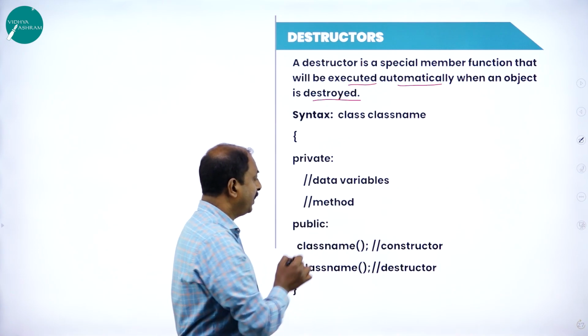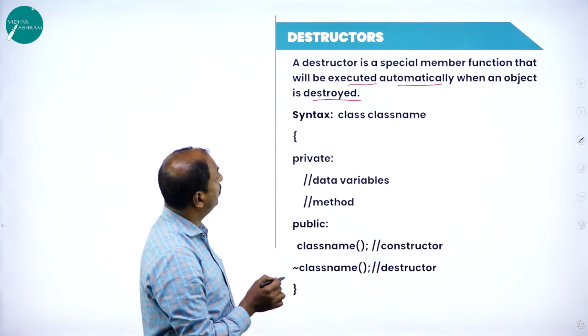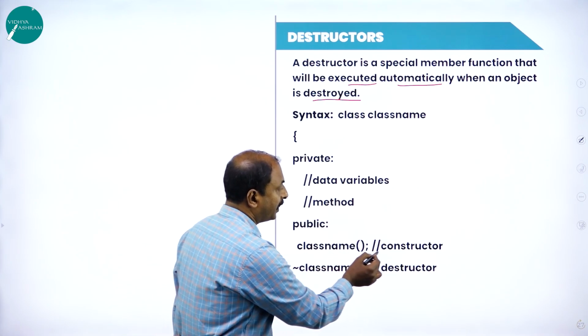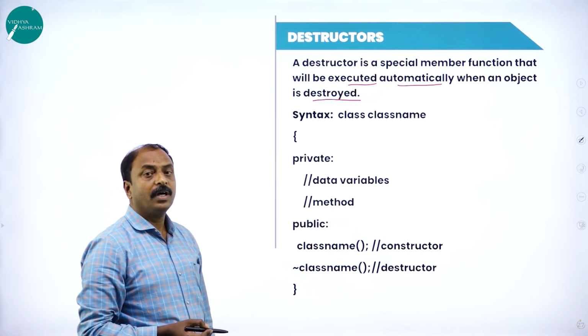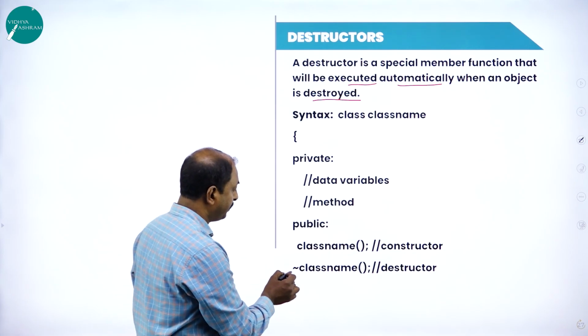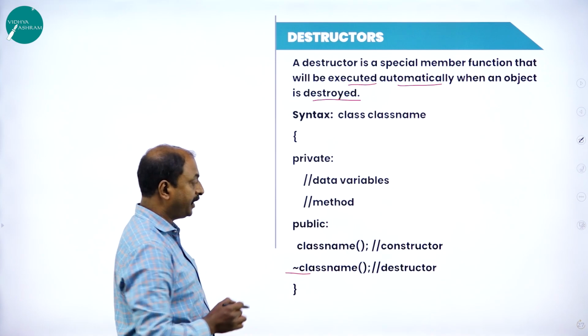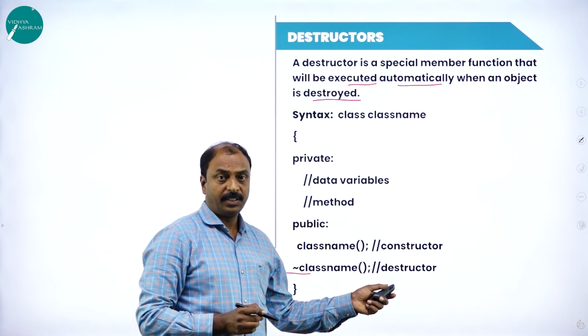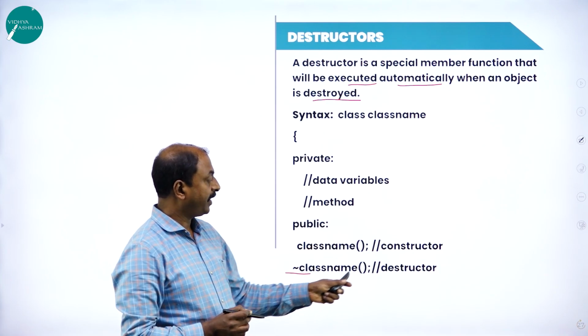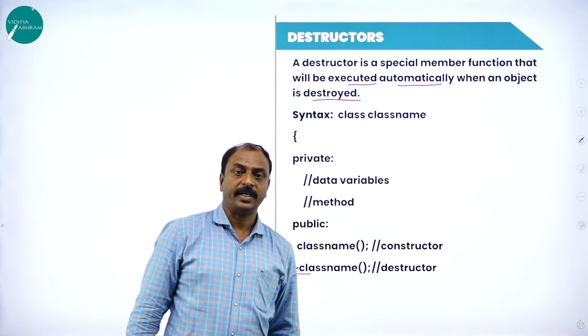Under public, we define the constructor with the class name, and we declare a destructor with this symbol, which indicates it is a destructor. Here a tilde followed by the same class name.